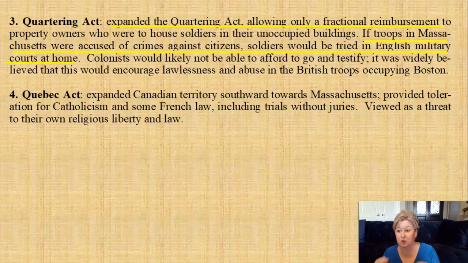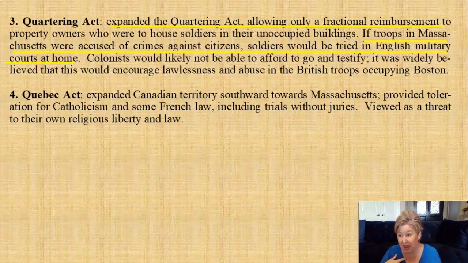And if troops there in Massachusetts were accused of a crime against a citizen, so let's say that you had these soldiers staying in your unoccupied barn back in the back 40 on your property there, and then you suddenly notice that there's a bunch of stuff missing from the barn, so you bring them to court because you believe that they have stolen and sold some of your harness and whatever. Well, that trial will not take place in the colonies, so they will be only tried in English military courts back at home.